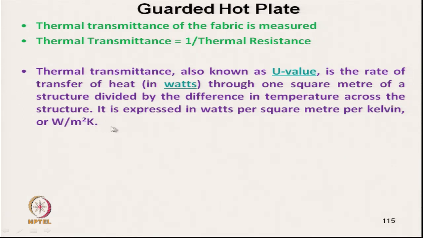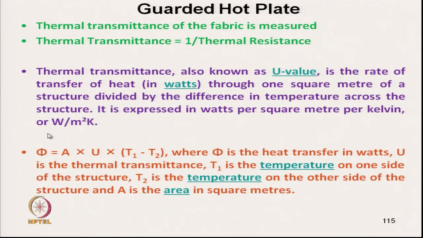It is expressed in watt per square meter per Kelvin, and Q, the heat transfer in watts, is equal to A multiplied by U multiplied by T1 minus T2, the temperature difference. So, U can be measured as Q by A by T1 minus T2.